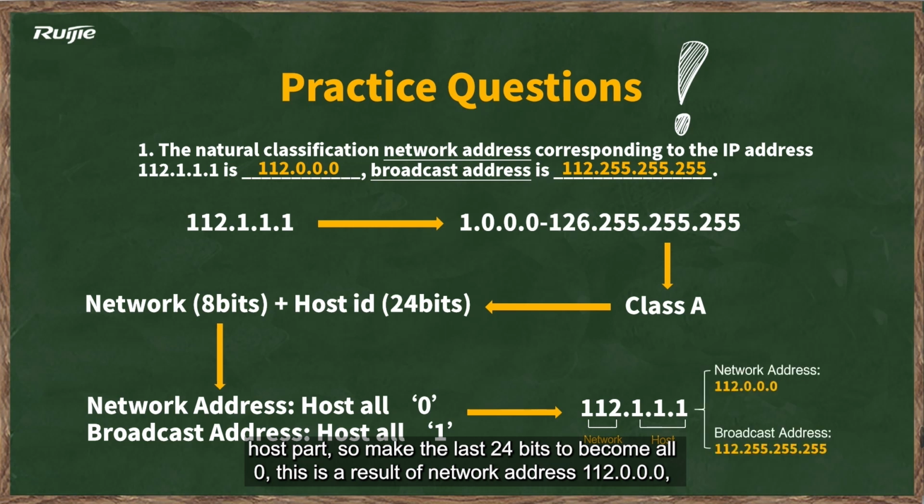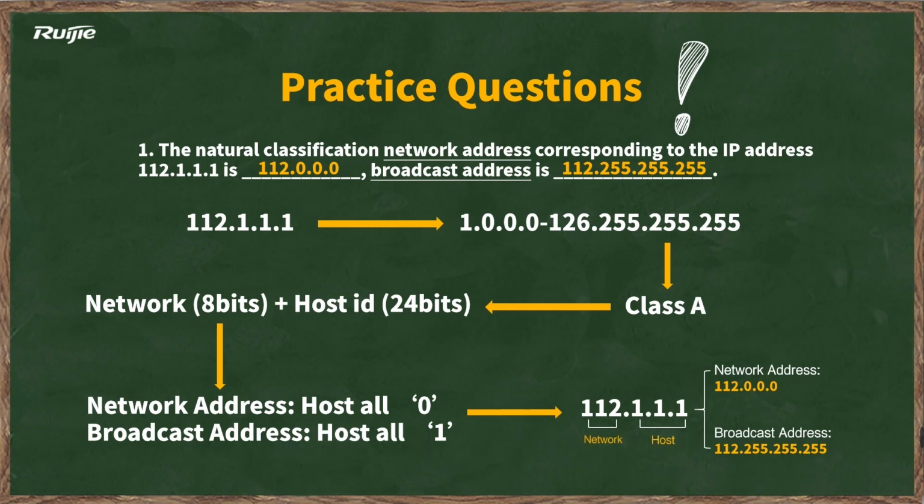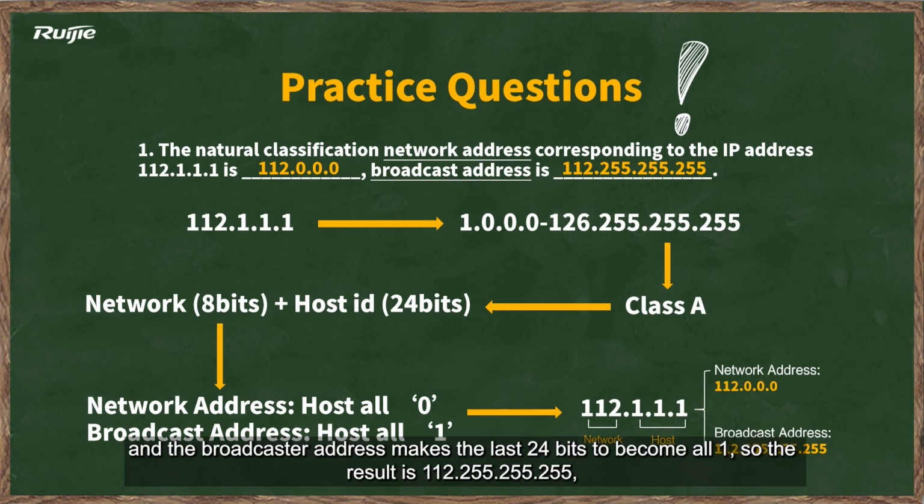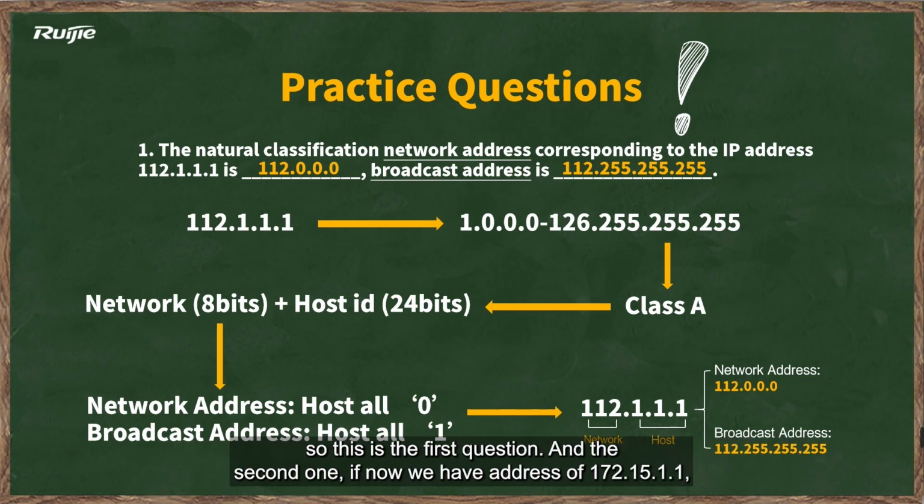This is the result of the network address, 112.0.0.0. And the broadcast address makes the last 24 bits become all 1. So the result is 112.255.255.255.